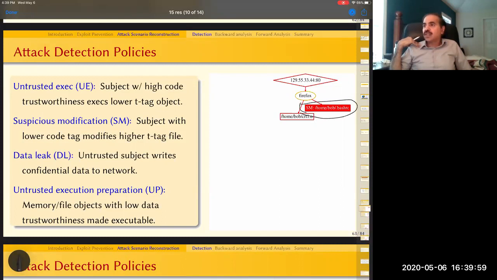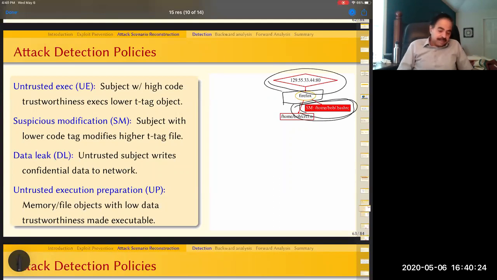It should have been changed only by the user or as a result of system updates coming from a trusted source. But when it is modified by Firefox, which is communicating with an untrusted site, that's a reason to trigger an alarm that potentially something is going on.